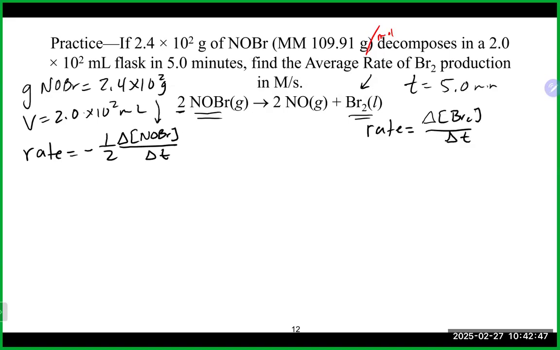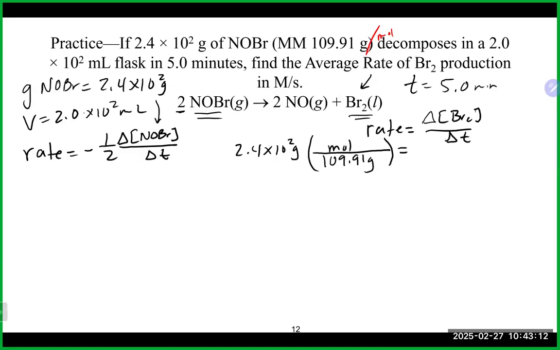We do need to do a little bit of calculation. We have grams and volume there, so we can calculate the molarity ourselves using the molar mass that was given to us. We have 2.4 times 10 to the 2 grams, and using the molar mass from the periodic table, if it was not provided for you, we want to put grams on the bottom so that they cancel, basically dividing.